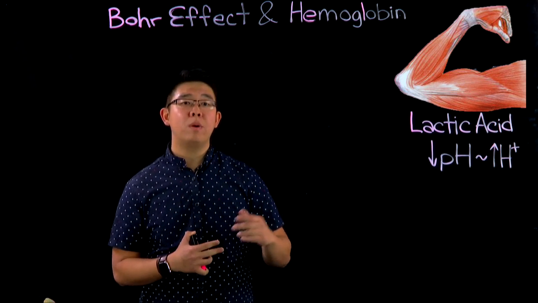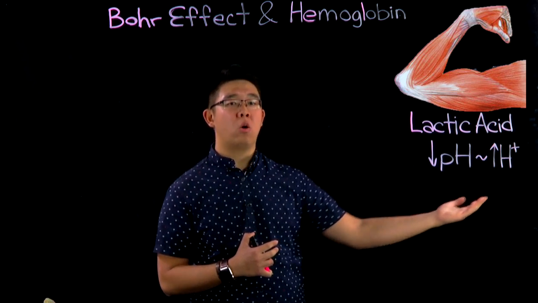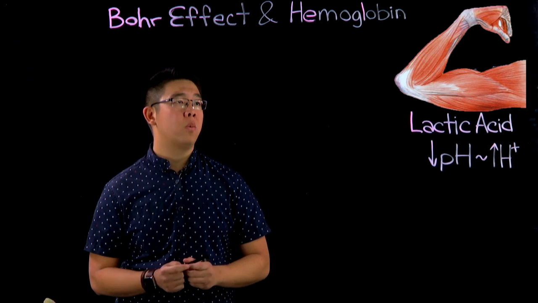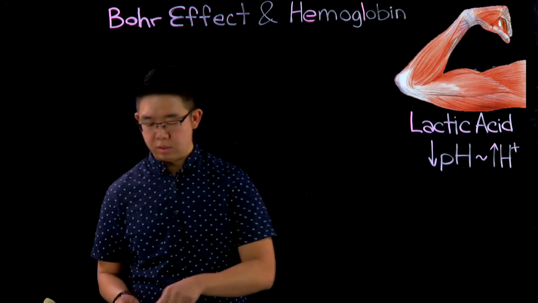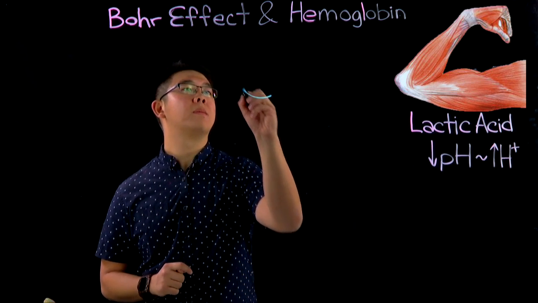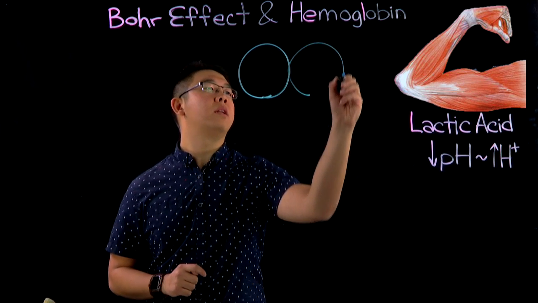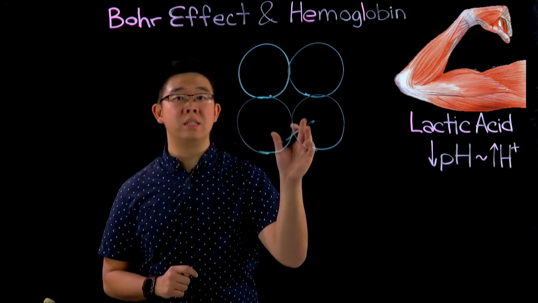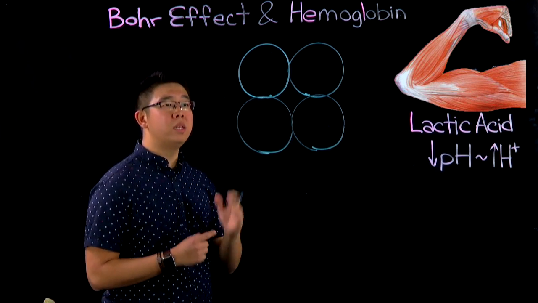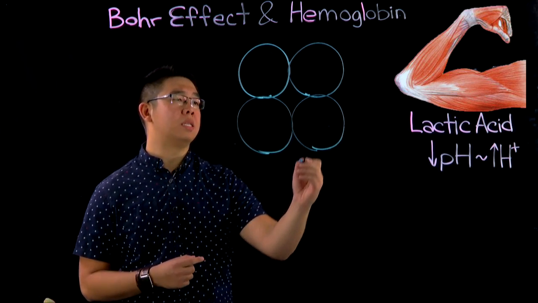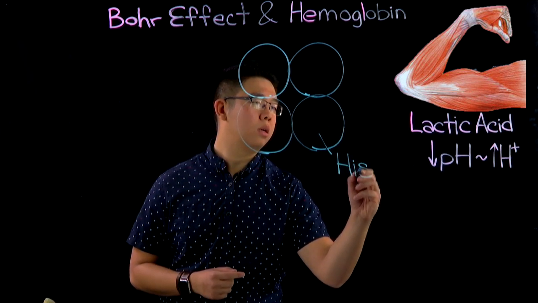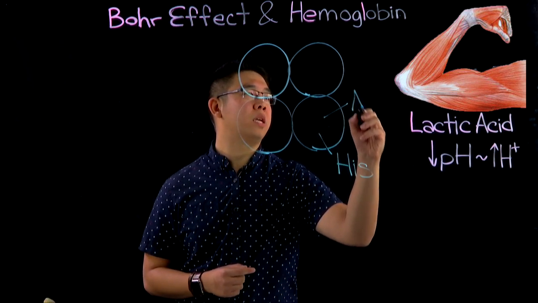Let's imagine how this change in pH, or this increase in hydrogen ion, affects hemoglobin. Hemoglobin, as we know, is a quaternary structure that consists of 4 subunits. Each subunit has a histidine residue as well as an aspartate residue.